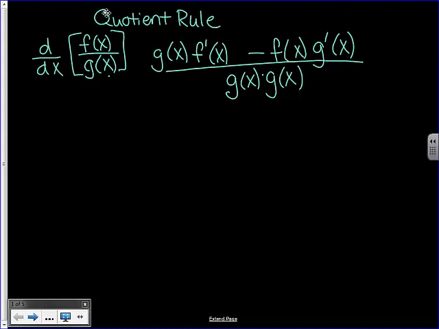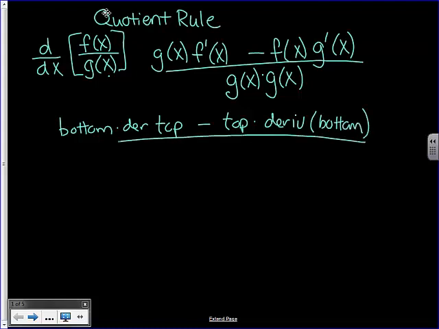So another way to look at it is the bottom times the derivative of the top minus the top times the derivative of the bottom all over the bottom squared. Bottom times bottom.